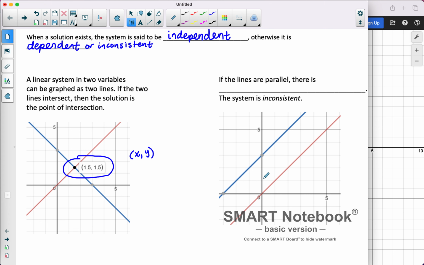When we have a graph of two linear functions that are parallel, we look to see when they are going to intersect. Because they're parallel, they will never intersect. So in this case, there is no solution to that system. That system would be considered inconsistent.